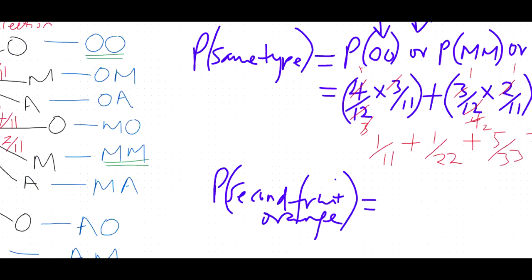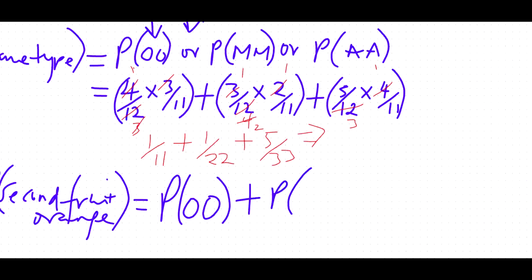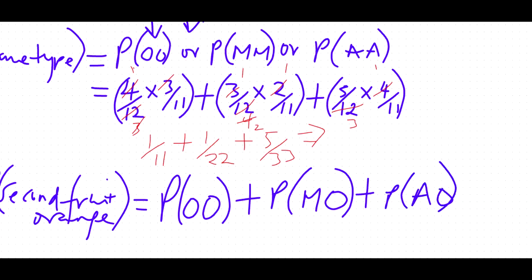So those are the possible instances. So you're saying this will be the probability that either the first fruit is an orange and the second one is also an orange, or the first one is a mango and the second one is an orange, or the first one is an apple and the second one is an orange.